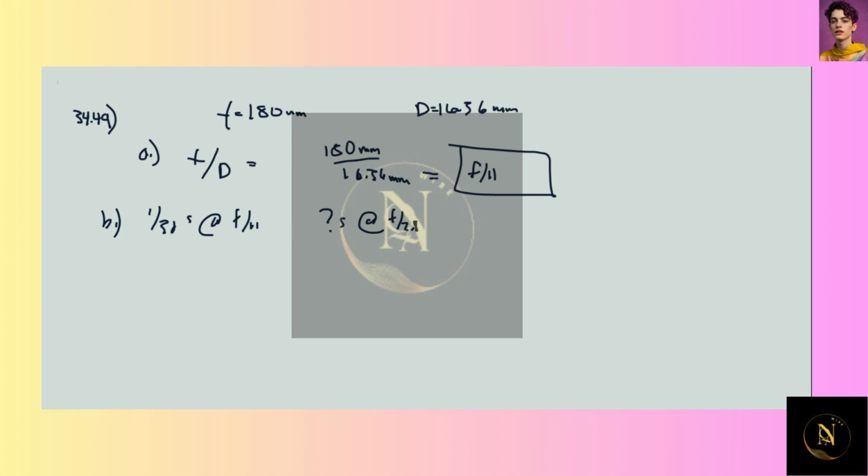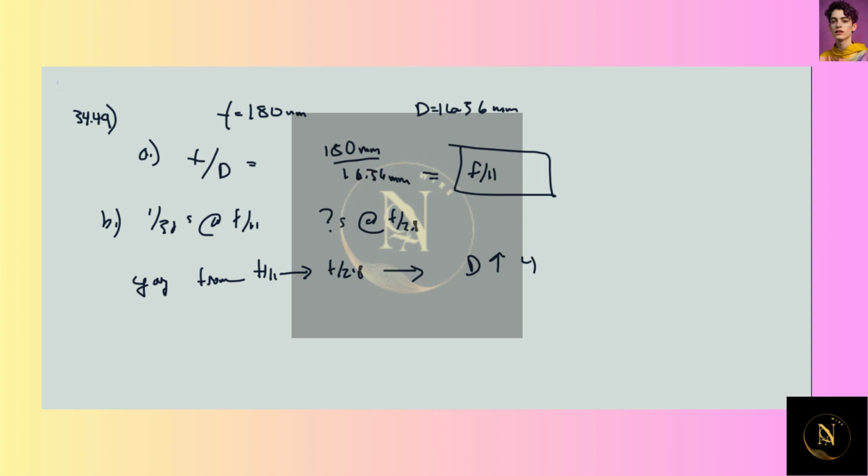So to think about this, as I said before, we need to maintain the same amount of exposure, and we want the amount of light passing through the lens to remain the same. Going from F11 to F2.8, that means the diameter increased by a factor of 4.